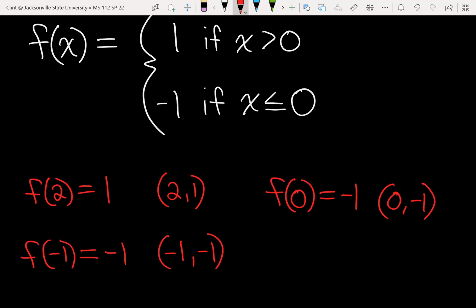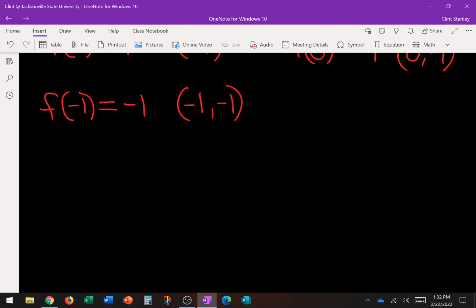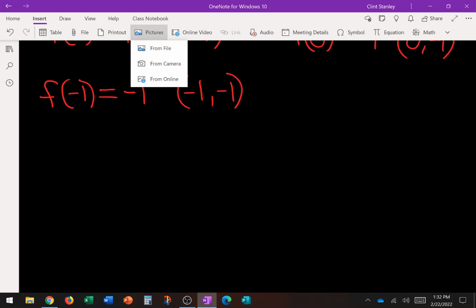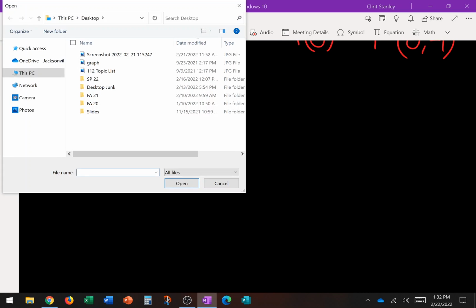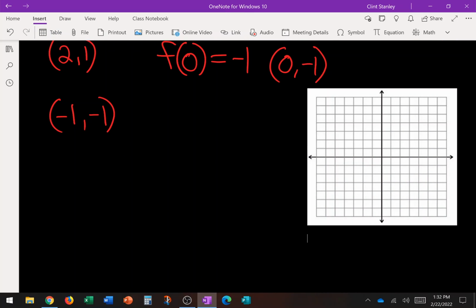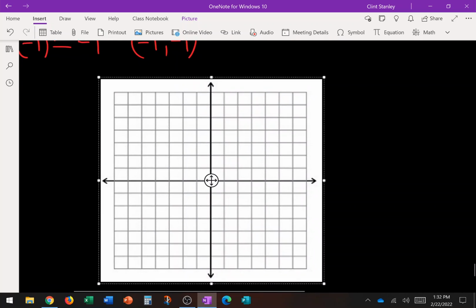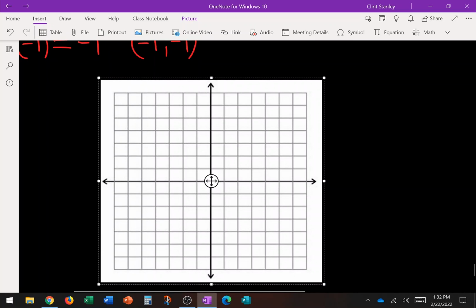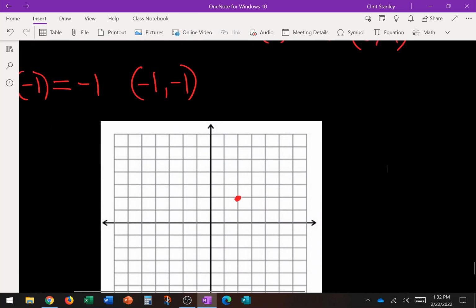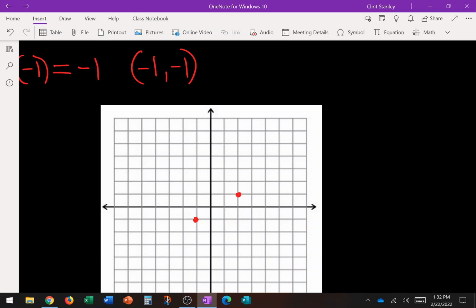So if we go to draw this thing, let's say we've got (2, 1), and then I've got (0, -1) on our graph.